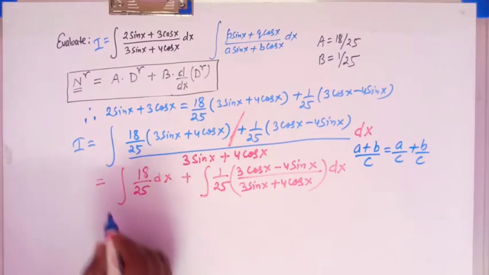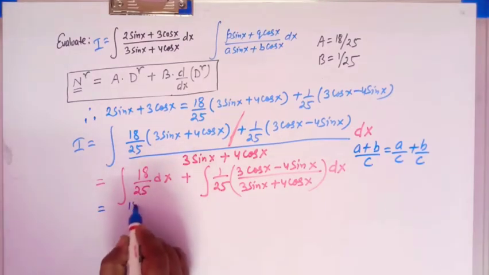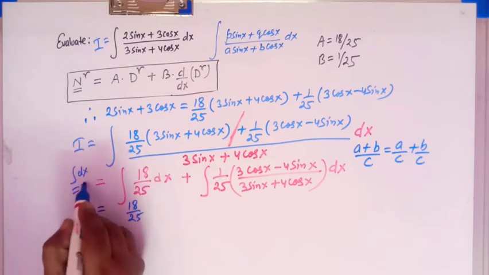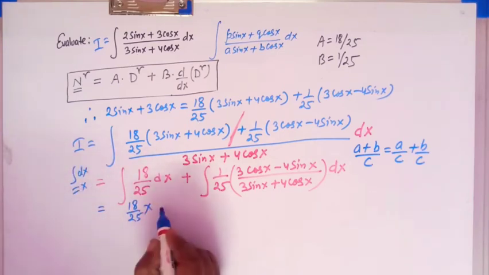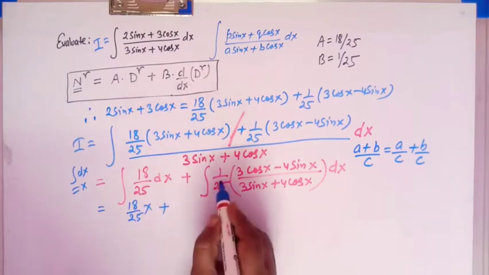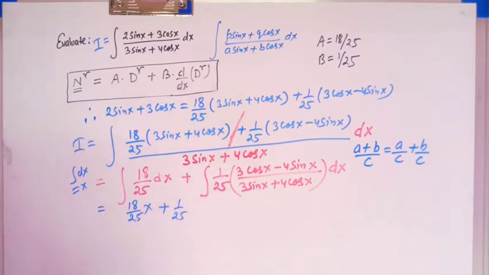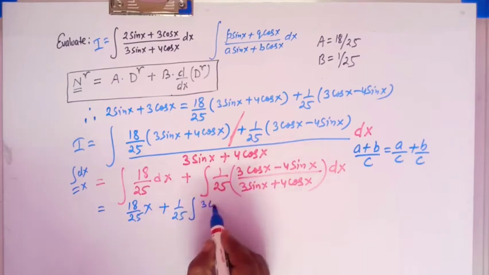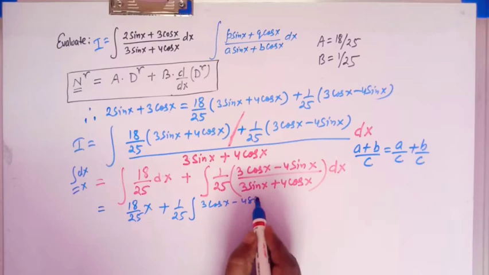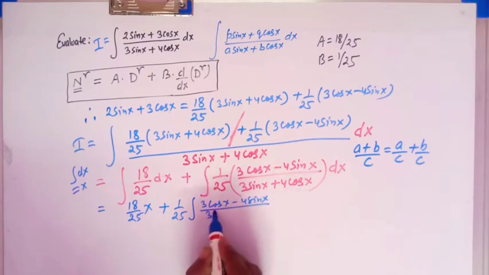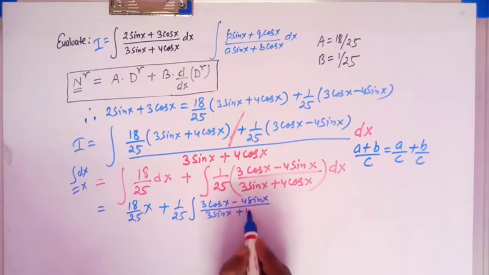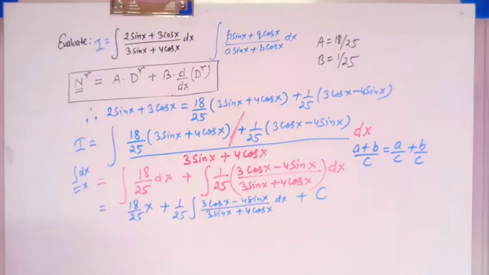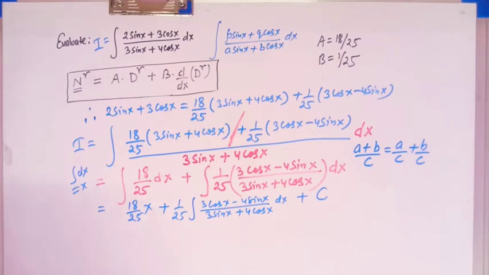Now we have 18 over 25, and the integral of dx is x, plus 1 over 25 times the integral of 3 cos x minus 4 sin x over 3 sin x plus 4 cos x dx, and c is the constant of integration.